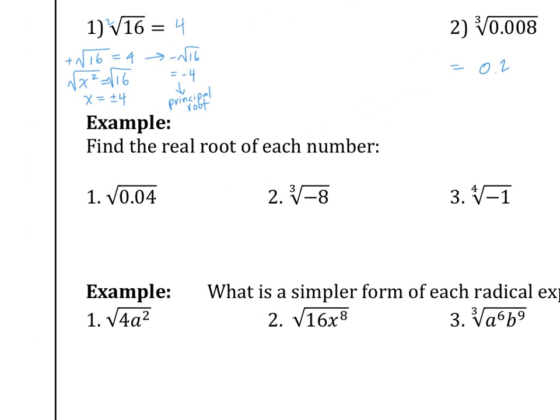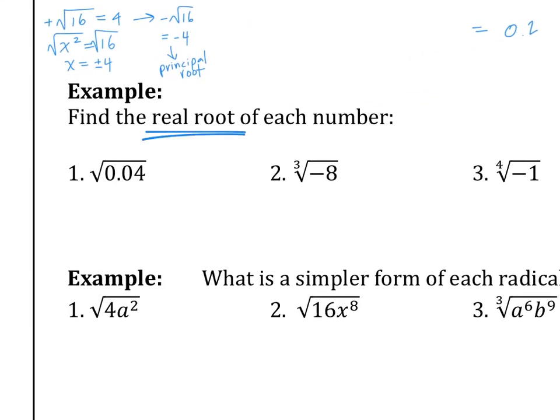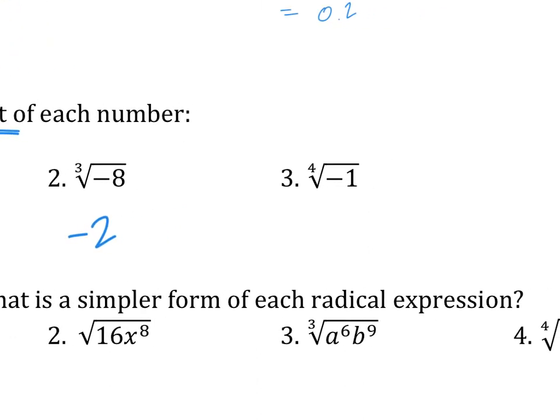Okay, let's have you guys find the real root of each number. 1, 2, 3. Okay, number 1, what'd you guys get? 0.2, correct. Number 2? Negative 2. All right, number 3.